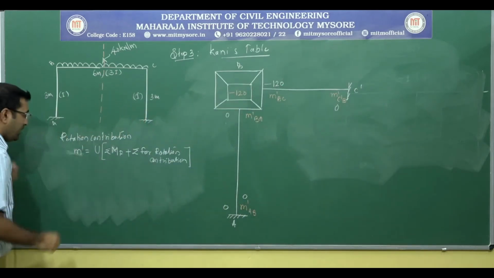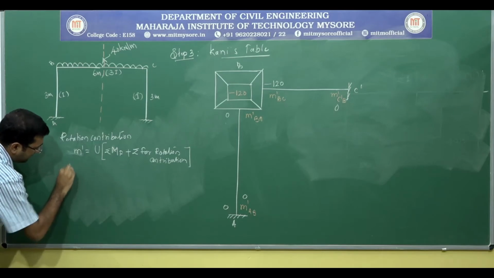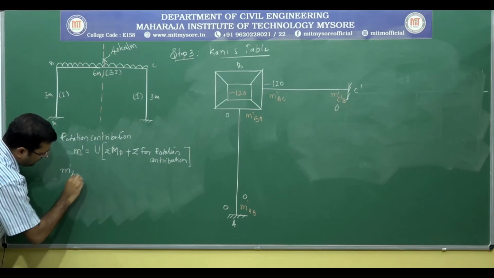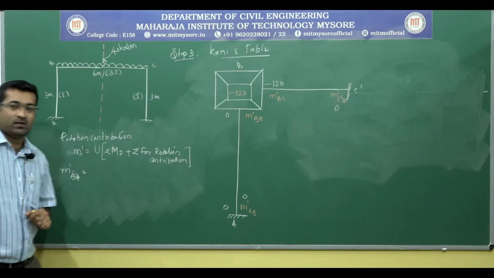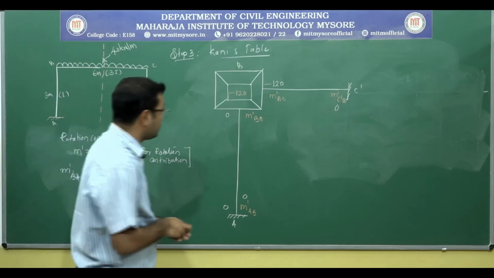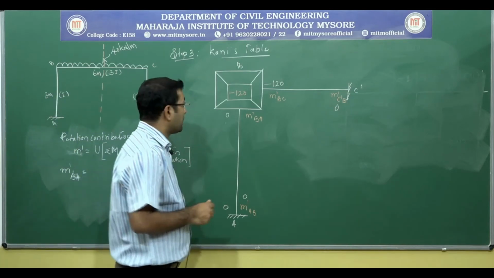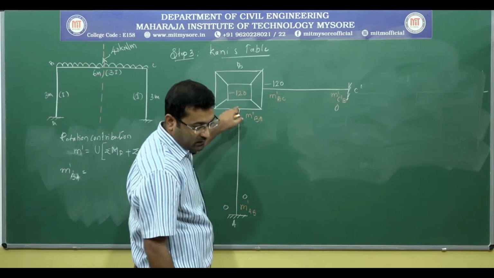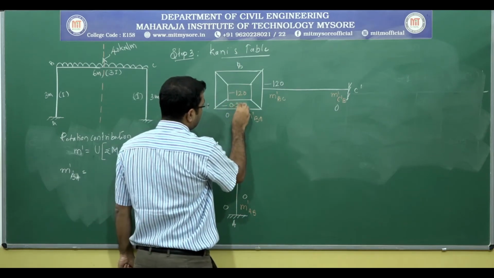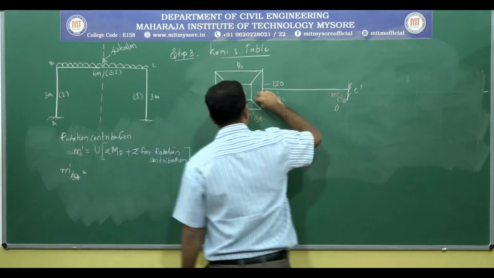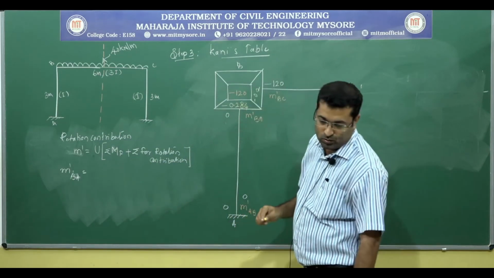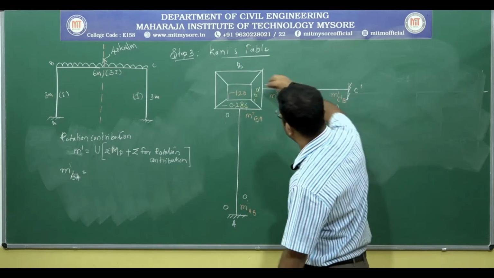M dash AB, M dash BA is equal to the rotation contribution. Here I forgot to write the rotation factors. The rotation factors for BA member is minus 0.284 and here it is minus 0.215.